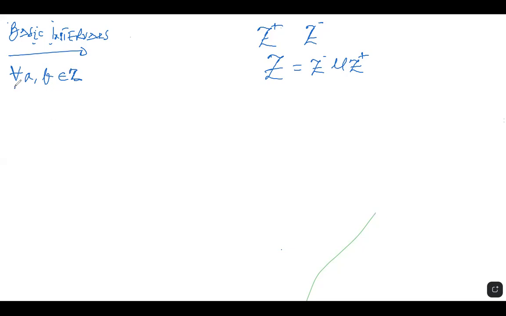So this inverted A means for all, and this thing that looks like an E simply means it's an element of or a member of.